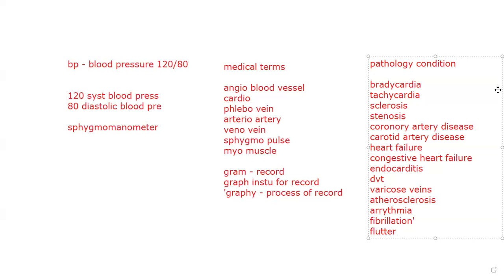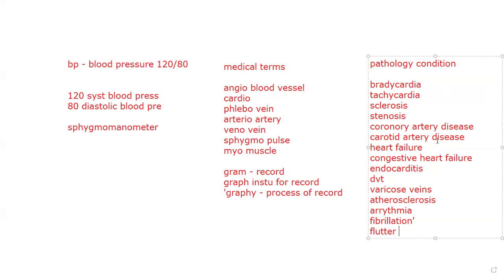Coming to bradycardia, as I already told you, brady means slow heart rate. Tachycardia means fast heart rate. Sclerosis means hardening. Stenosis means narrowing. Coronary artery disease: the artery which supplies blood to the heart is known as the coronary artery.